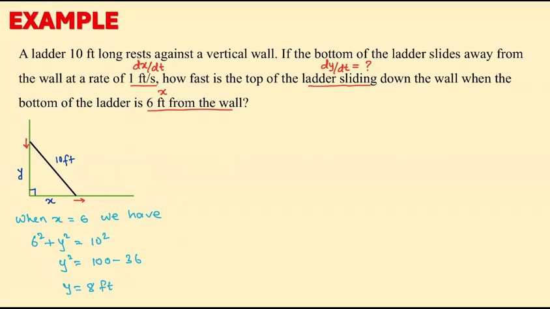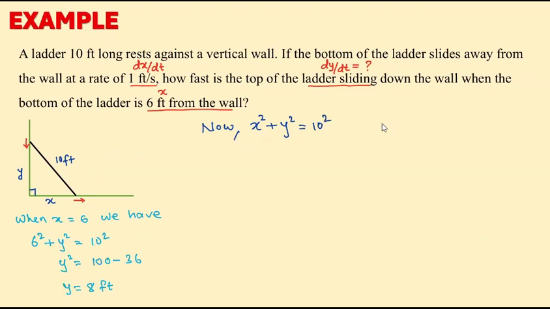Okay, now let's write the equation for this right triangle. We have two sides unknown and one side is 10. So the equation will be the Pythagoras theorem, right? Which is x squared plus y squared equal to 10 squared.